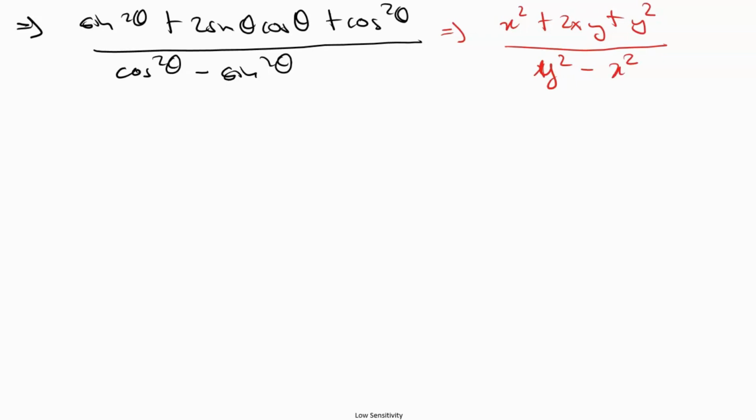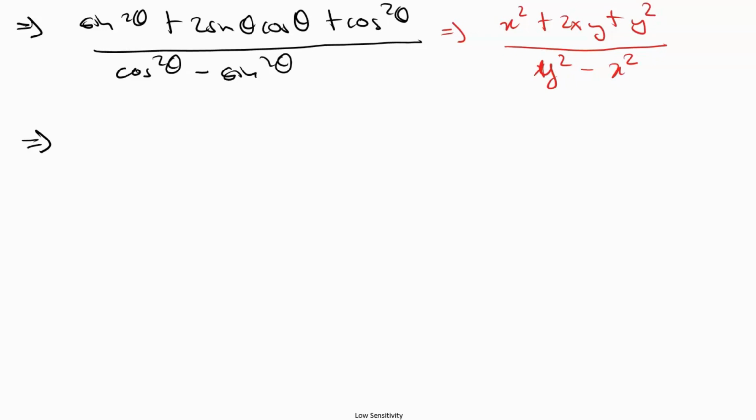So we know how to factorize something like this. We need to find factors that we can multiply to get x squared y squared and get a sum of that.